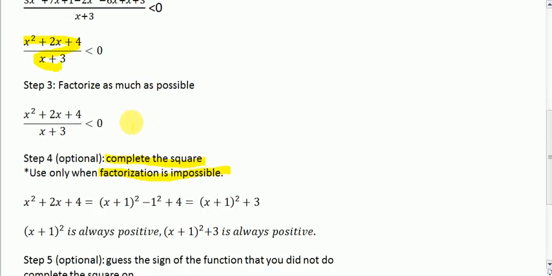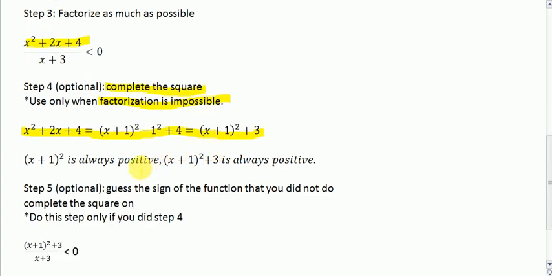How to use a test point method to solve an inequality question. So we will complete the square for the numerator, as shown here. And as we complete the square, we will get the function (x plus 1) squared plus 3. Do take note that the next statement is very important.